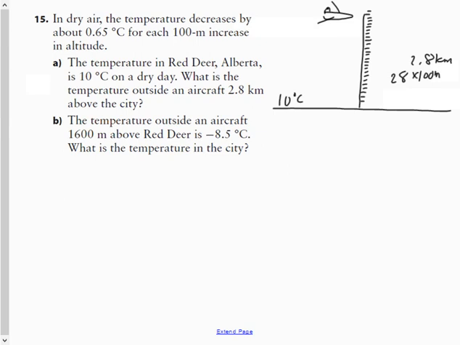So there would be 28 increments of dropping this many degrees for each 100 meters I go up.